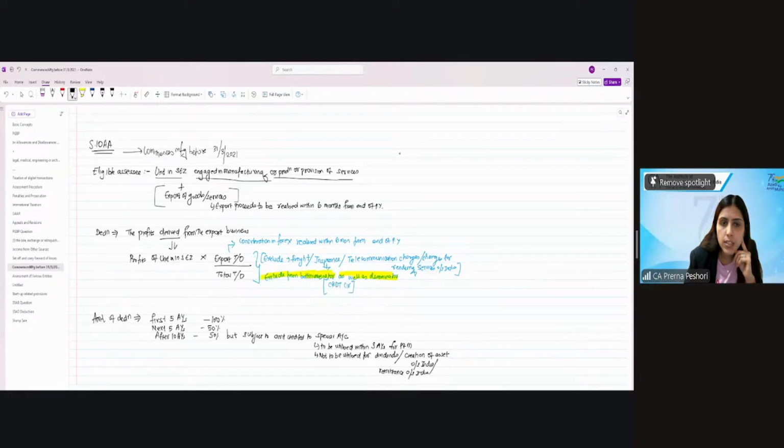Once you have claimed 10AA, you will not be able to claim on the same profits under 80-IA or 80-IB. Okay? Yes or no? Fine? Shall we solve one question?